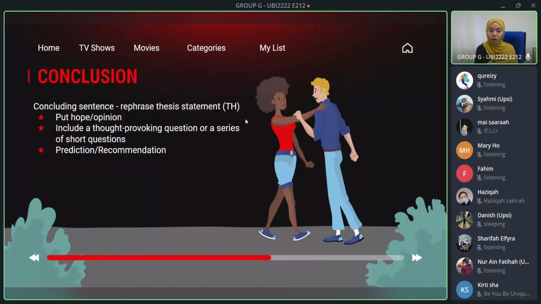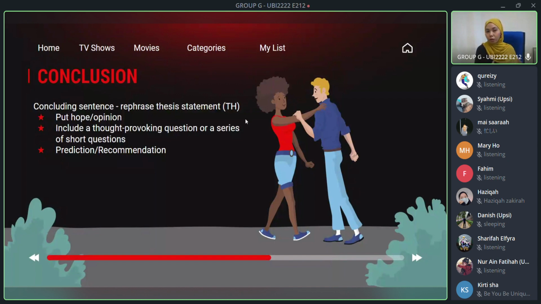These 3 personality traits, which are caring, responsible, and also beautiful, are the main reasons why I love my mother. The same thing, right? You are basically saying the same thing, but you just phrase it differently. That means rephrase.